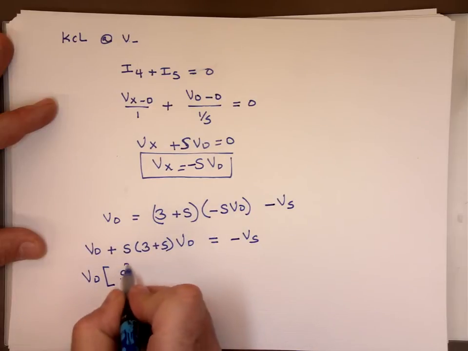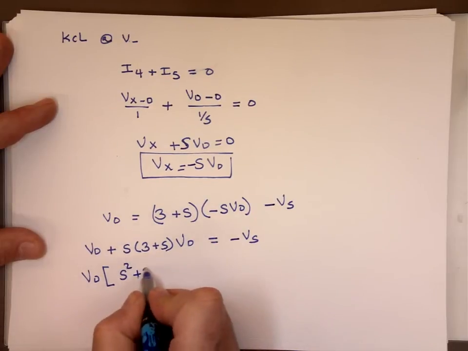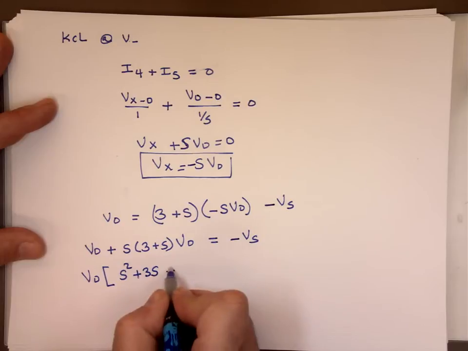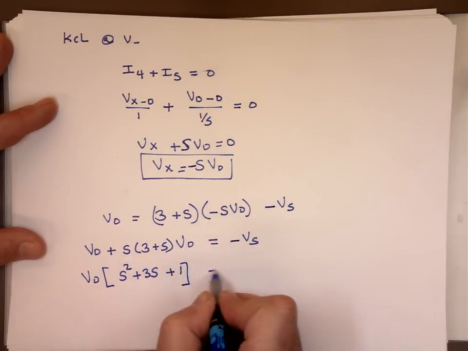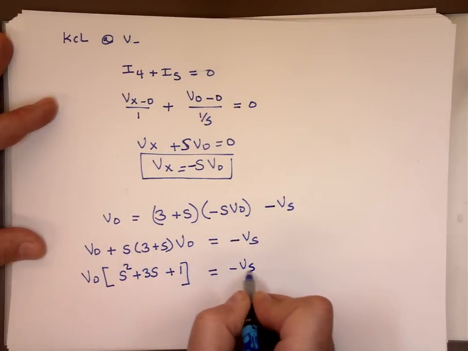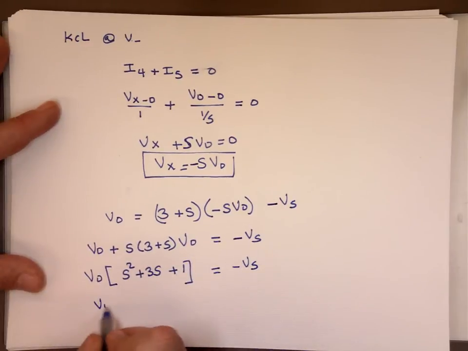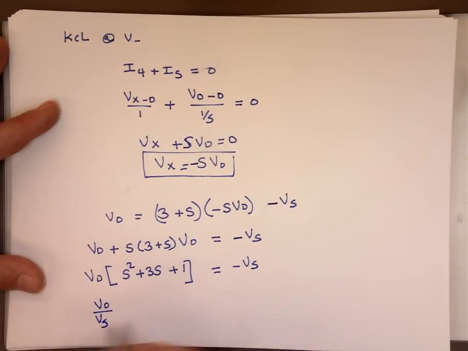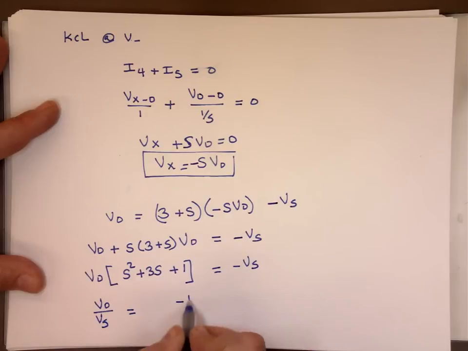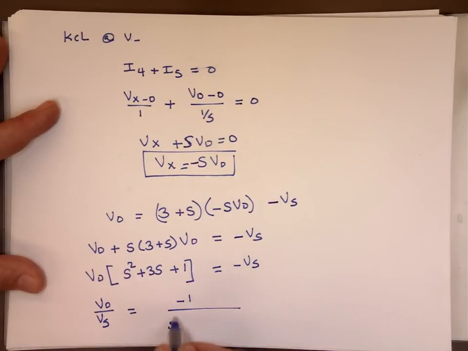S squared plus 3S plus the 1 equals negative Vs. V out over Vs is going to be what? Negative 1 over S squared plus 3S plus the 1.